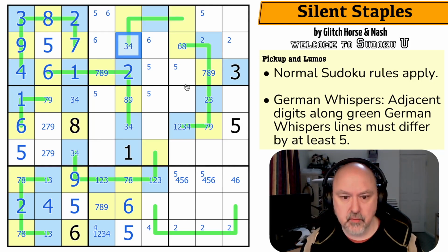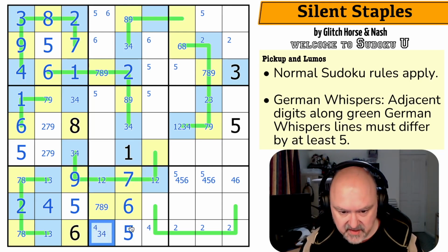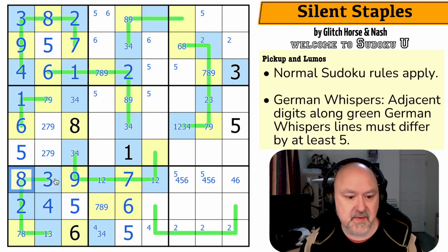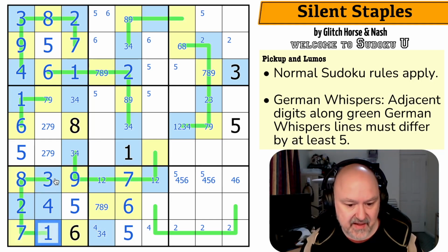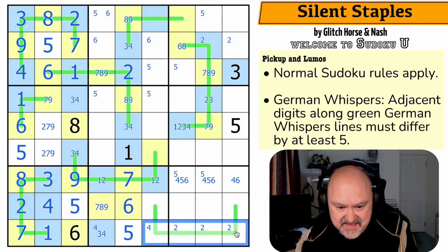So this is 3 or 4, giving me the 3, 4 pair. This is 7, 8, or 9, and it can't be 7 because 7 is too close to 3 and 4. So that is now a 7, and these are a 1, 2 pair. That's really nice, which makes that the 3, which makes that the 8, that the 7, and that the 1. And now over here there is 8 and 9.